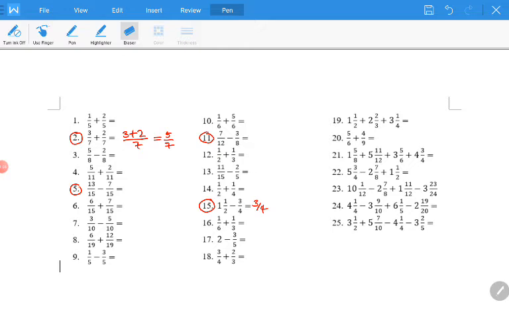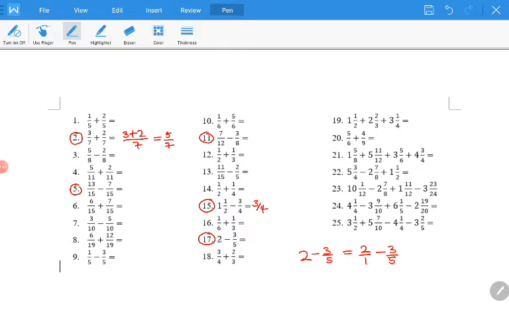Now let's look at question 17. Question 17 is saying 2 minus 3 over 5. So we first need to convert 2 into a fraction, and 2 as a fraction is equals to 2 over 1, then minus 3 over 5.